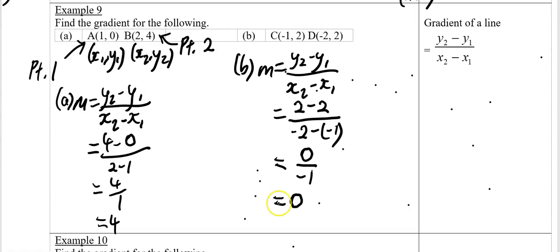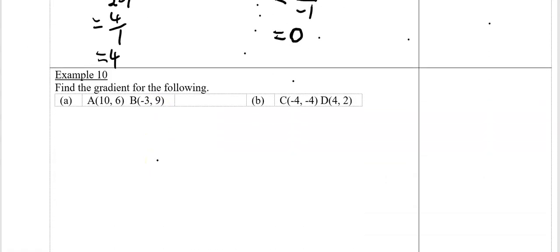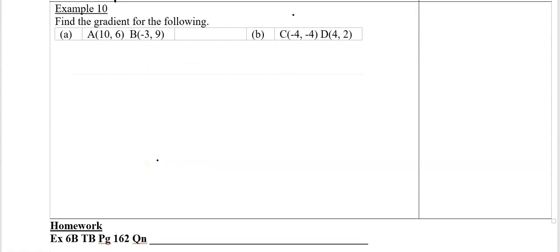Okay, now on to the next example, example 10. Likewise, gradient M will be equal to y2 minus y1 over x2 minus x1. So in this case, this gives me 9 minus 6 over minus 3 minus 10.